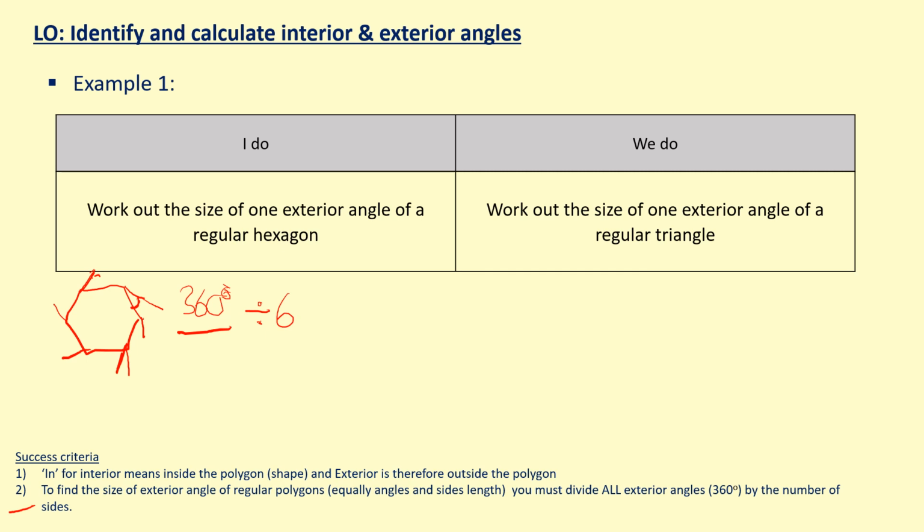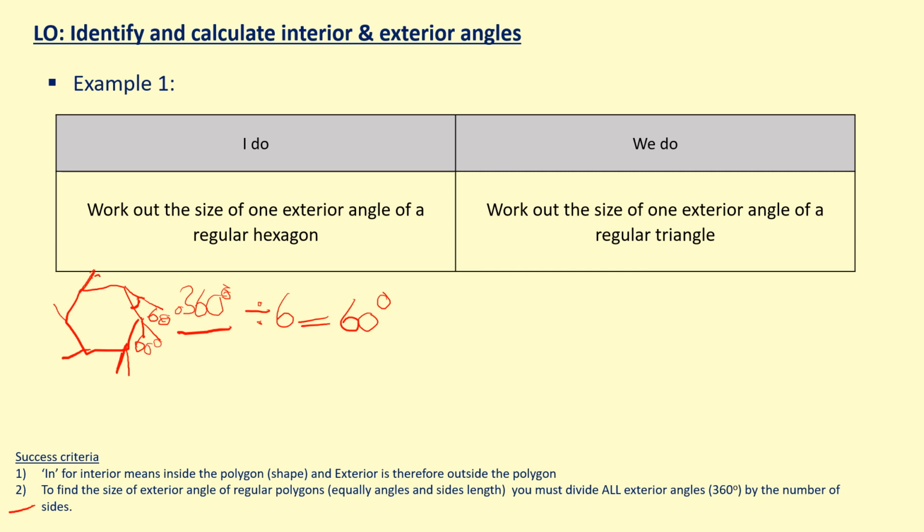Okay. So I know anyway that 6 goes into 36. Let's forget about the 0, 6 times. And then we put the 0 back on. So it's 60 degrees. Each of these exterior angles is worth 60 degrees.